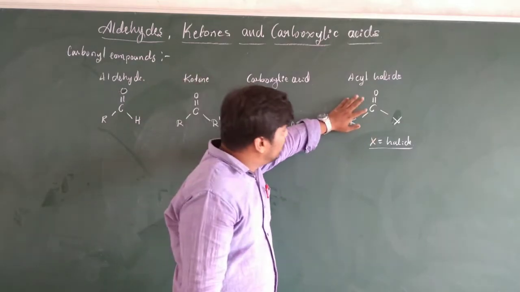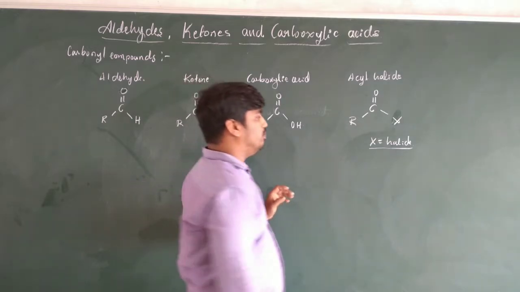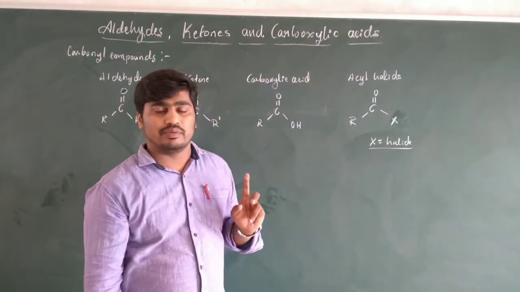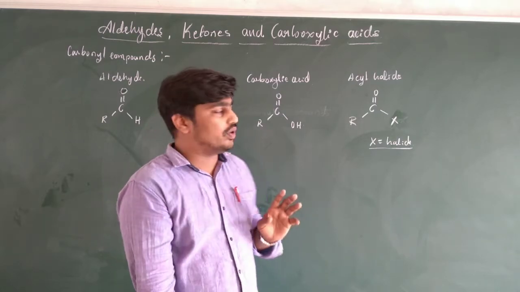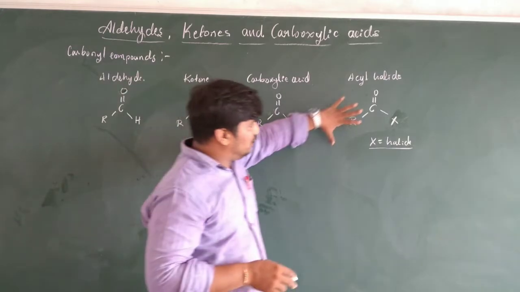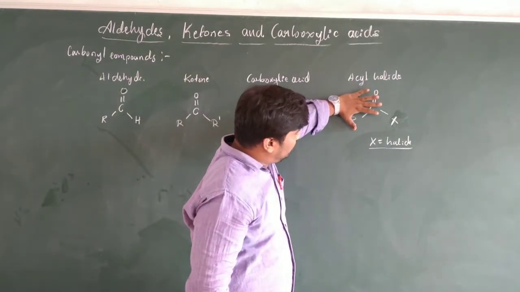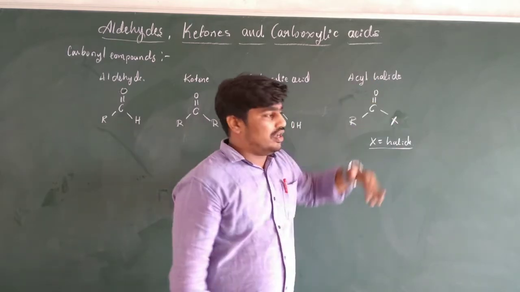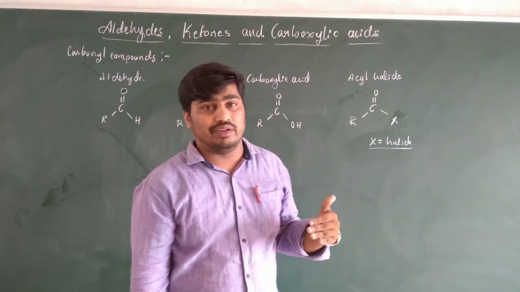So it is another type of carbonyl compound. Here also we observe a carbon-oxygen double bond. That's why it belongs to the carbonyl compounds. Okay. The next: this moiety or carbonyl part is attached to an ammonia derivative.